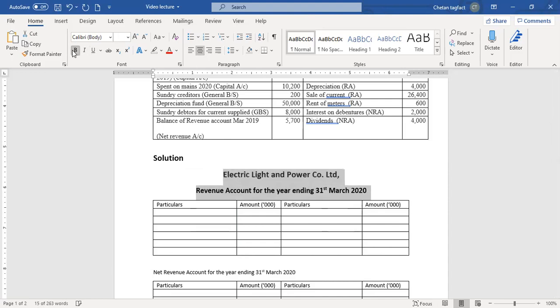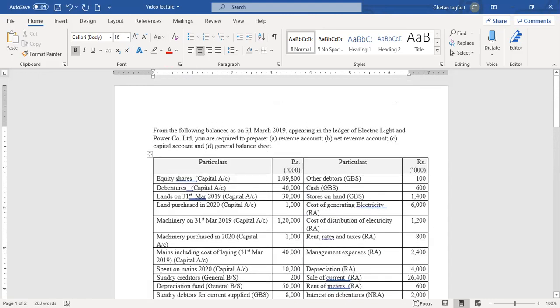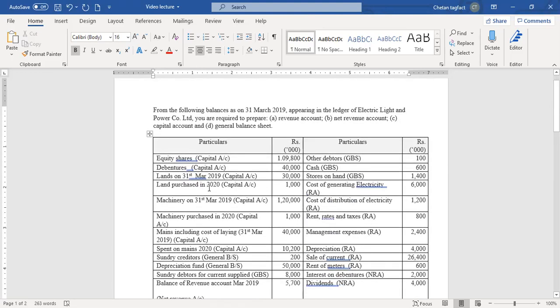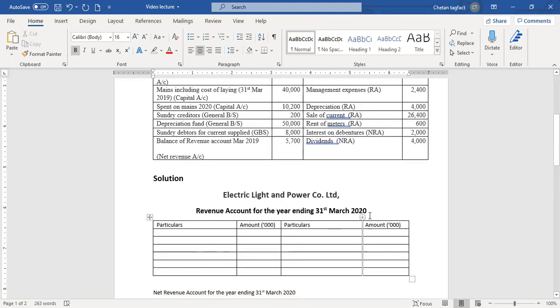First we are preparing the revenue account for the year ending 31st March 2020, because they have given the balances for 31st March 2019 and the expenditures for 2020 are also given. So we assume that the closing year is 31st March 2020. So we are preparing now the revenue account.